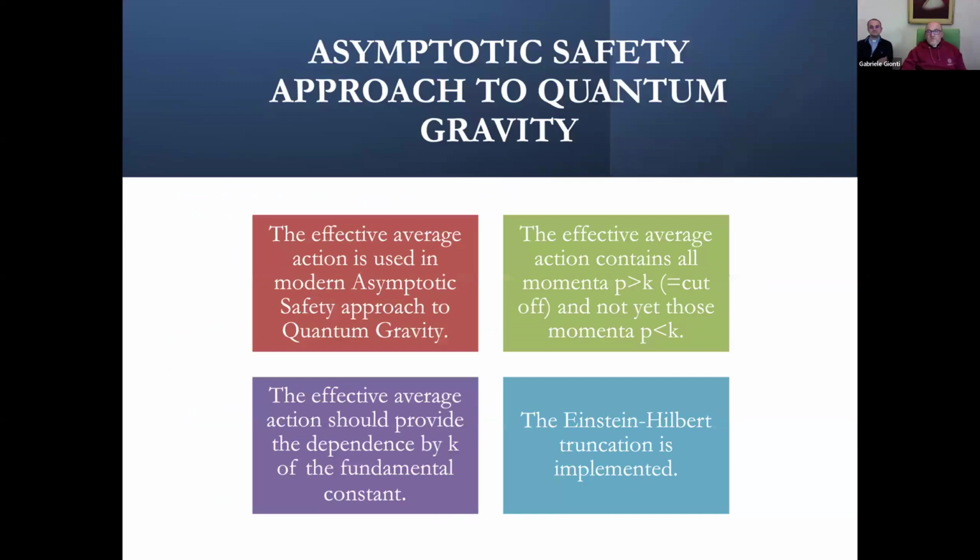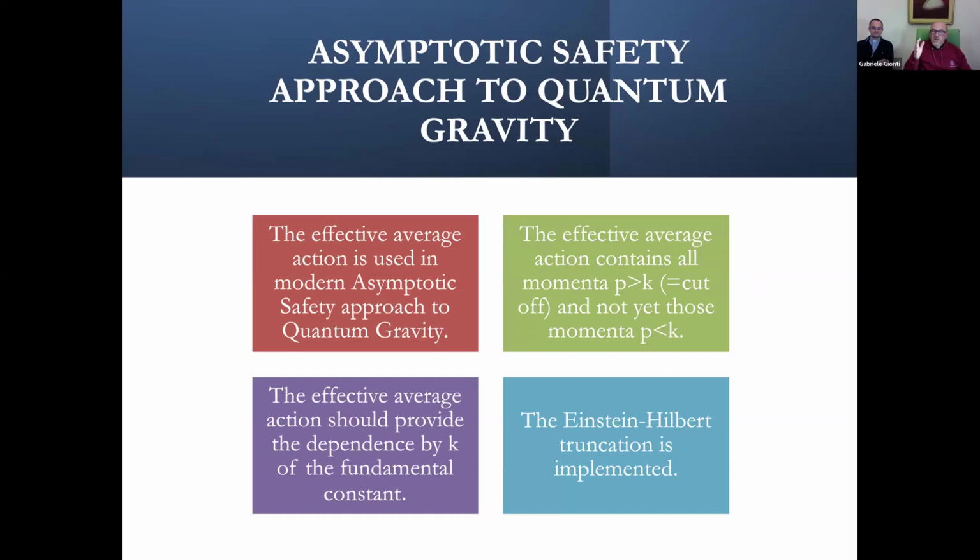Now, this is more technical. Essentially, there is a mathematical way to work in this direction. You have to write an effective average action in asymptotic safety. You have to put a cutoff.